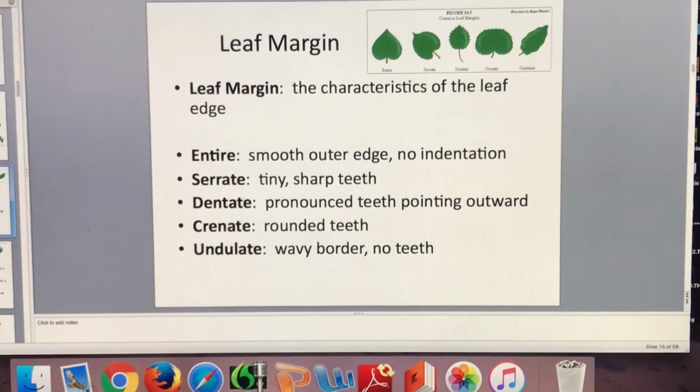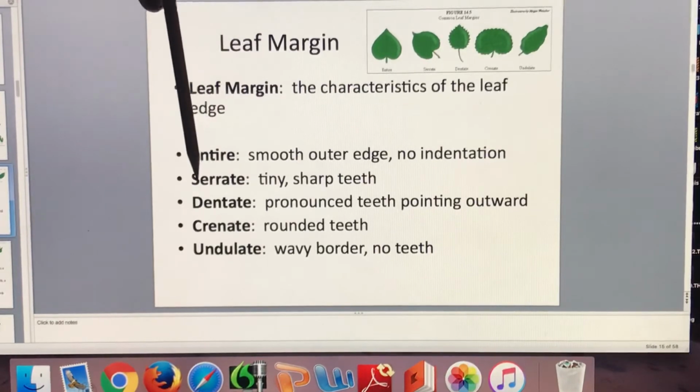Now the margins on the leaf have to do with just the very edging on the outside. You may want to look in your book at figure 14.5 because it shows it in better detail. The different types would be entire, which is actually just a smooth edge. The serrate, which has tiny sharp teeth.